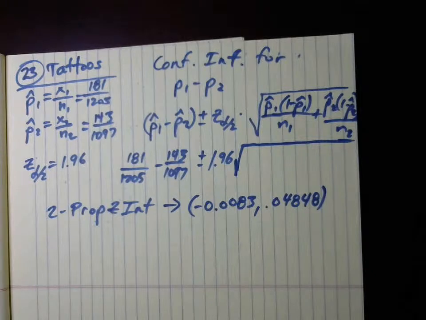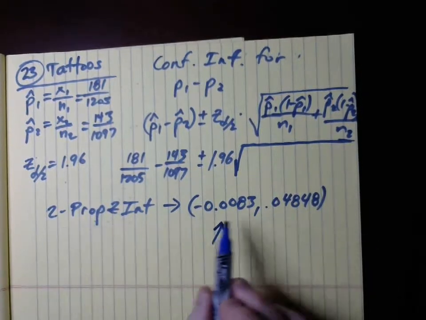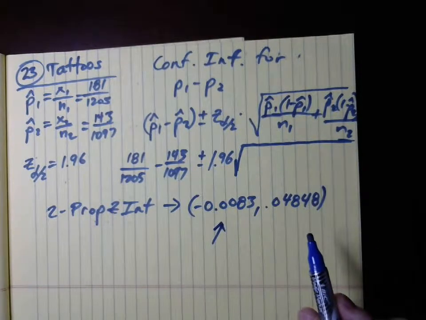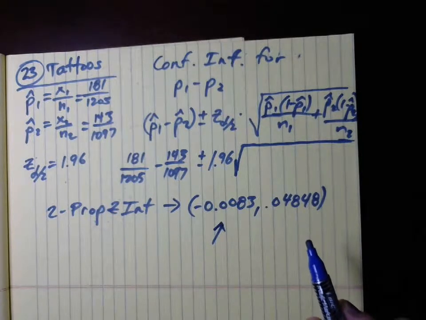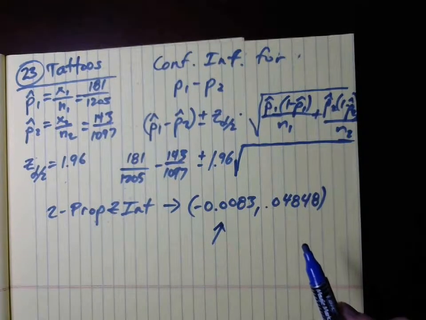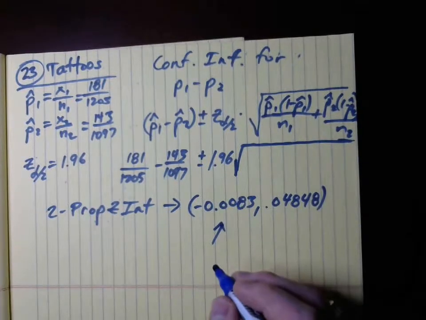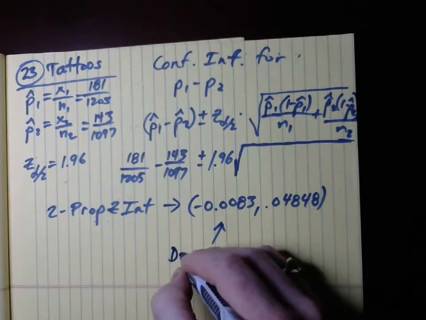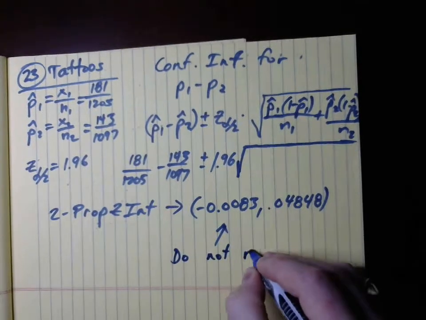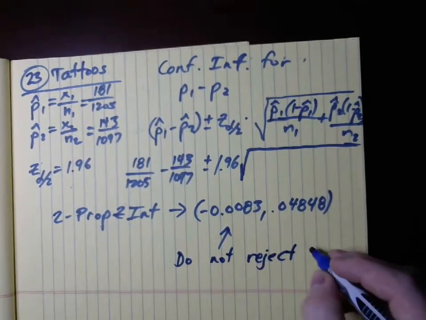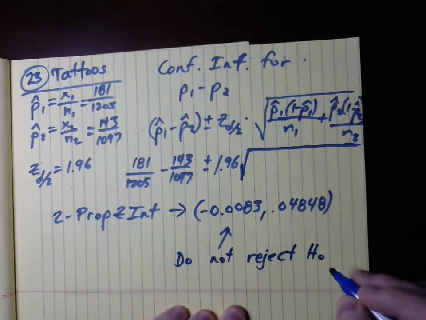So we've found the confidence interval. We've done the first part. Now we need to figure out if there is a difference. Based off this, we can state the conclusion if we were to do a two-tail hypothesis test. We would say, do not reject H naught.